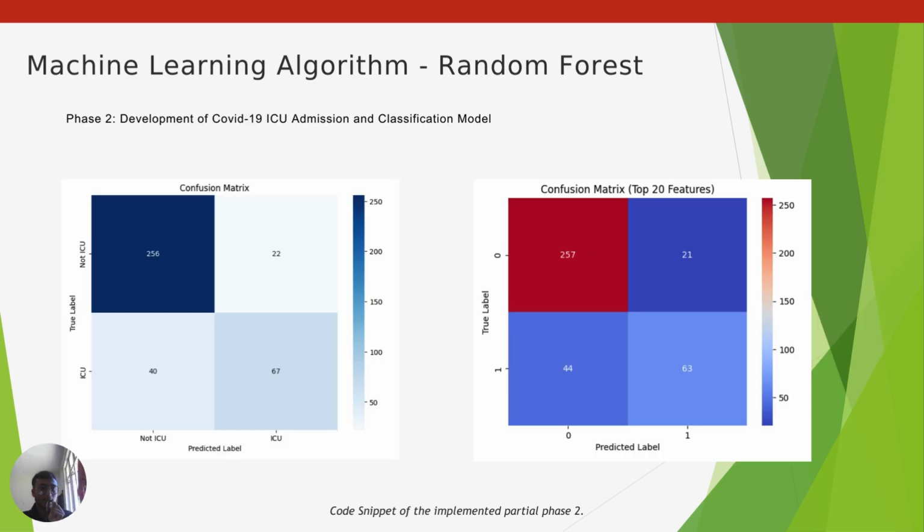On the machine learning algorithm, the first top 10 confusion matrix obtained for random forest is on the left side, where you can see the true positive is 256 and the false positive is 22. Moving on to the next one, the right side is the top 20.